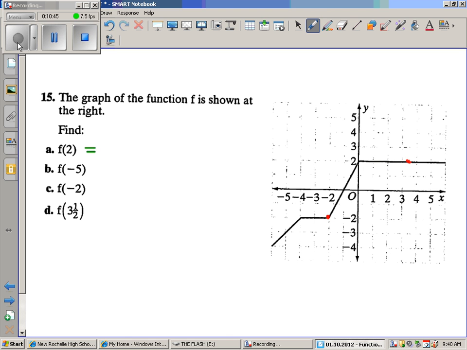So f at -2, how much was it equal to? F at -5, how much was it equal to? F at -2, how much was it equal to? And f at 3.5, how much was it equal to? 2. So that's what ultimately your answers should be. I apologize for the other way it looked.